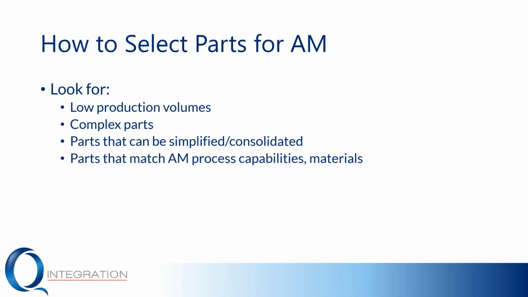So consolidating assemblies into single parts to save on labor and assembly costs and QC issues down the line. You also want to look for parts that match AM process capabilities and materials. It can meet all these other criteria, but it could just be impractical to do with AM or even impossible with where the technology's at currently. So you want to make sure it actually matches the capabilities and materials that you need for your application.